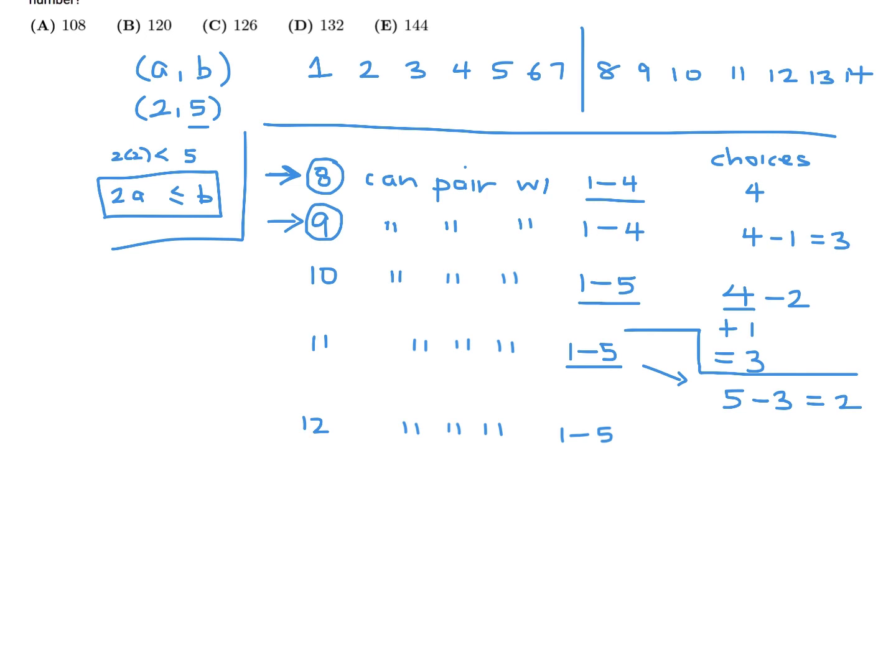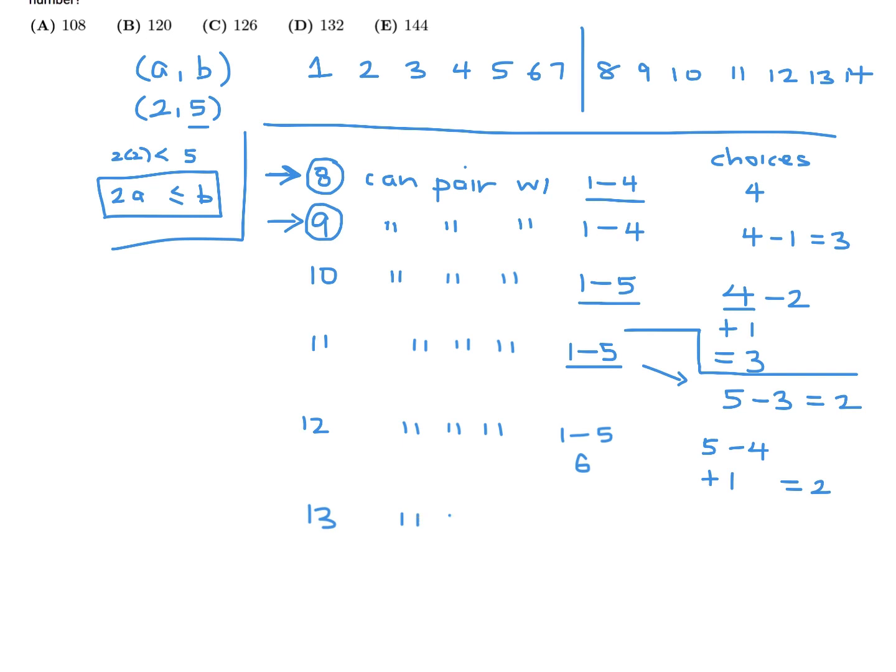And from the numbers 1 through 5, which is 5 numbers, we've already chosen 4 to pair with the 8, the 9, the 10, and the 11. But then we have to add the 6, right? Because then it can also pair with the 6. So that's what this plus 1 is for. So that basically gives me 2 possible choices for the 12.